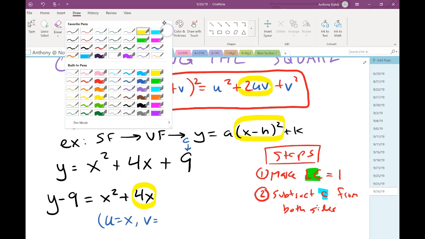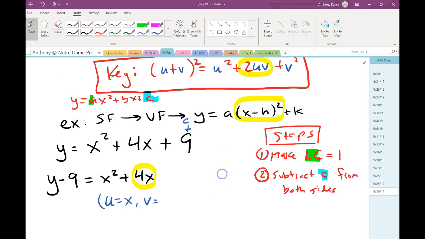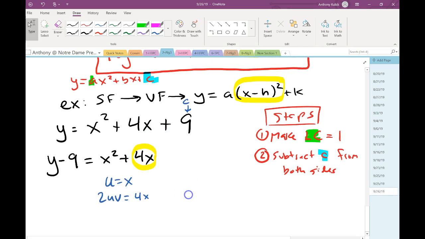So what does that tell me? Well, if I know that 2uv is equal to 4x, and I know u is x, if I divide both sides by 2x, I get that v is 2.